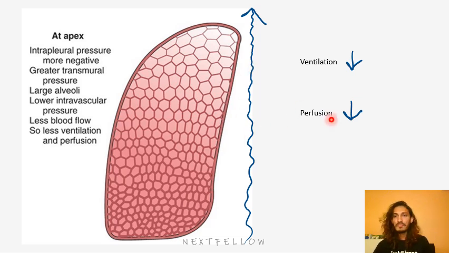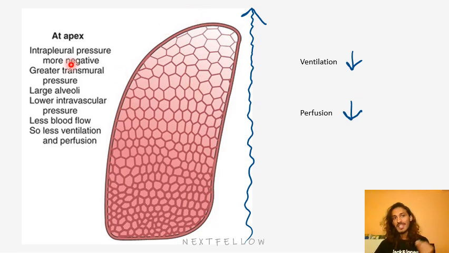When you talk about ventilation, the transpulmonary pressure is different here and here. The interpleural pressure is more negative at the apex. We had learned about the pump handle mechanism and the bucket handle mechanism. The pump handle mechanism here, along with the intercostal muscles, scalenus, trapezius, and all the other muscles involved, is much more effective.